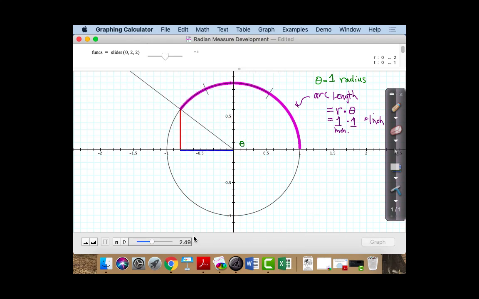So this is a 2.49 radian angle now. That means that this length here is 2.49 inches, since this is a 1 inch radius. If it was the larger circle with a 4 inch radius, this would be 4 times that. It just scales up similar circles, I guess you'd say. But it's the same angle making different size arcs outside it.